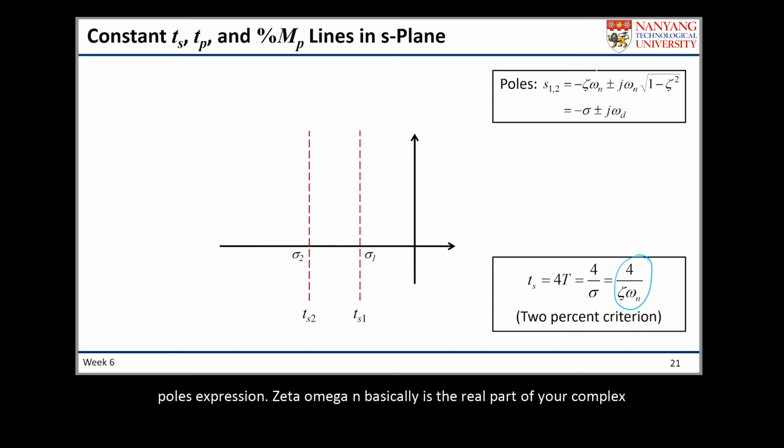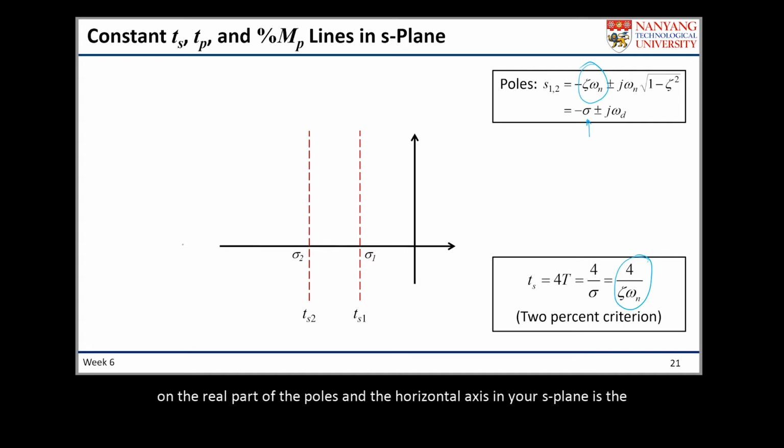Zeta omega n basically is the real part of your complex conjugate pair of poles, right? And sometimes we call zeta omega n sigma. So basically your settling time is inversely proportional to the real part of your poles. Your settling time only depends on the real part of the poles.